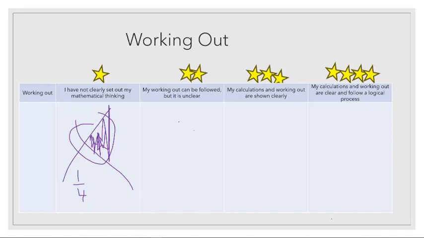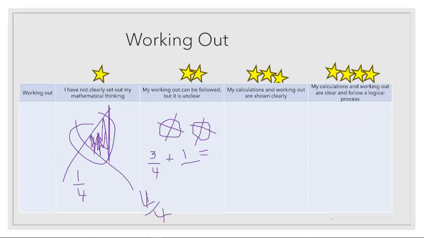So this is where you might go, here is this and another one, and you've done this and you've done this, and you've said 3/4 plus 1 equals, and then over here you've written 4/4, like that.